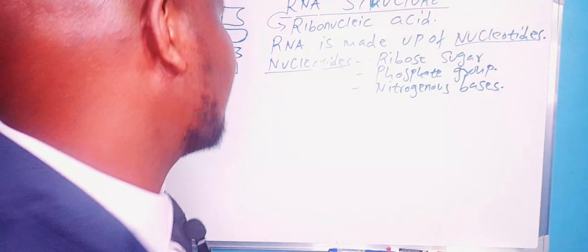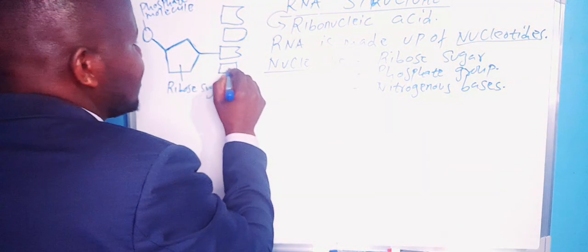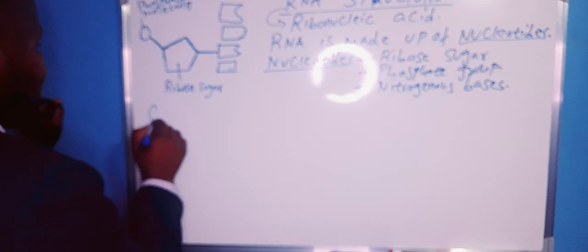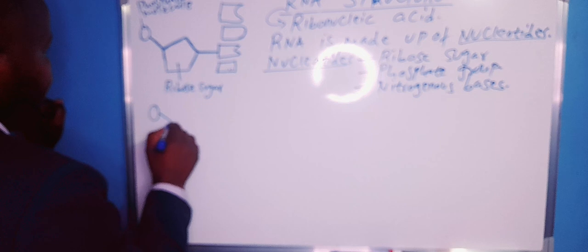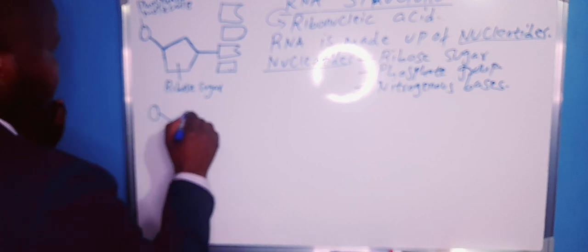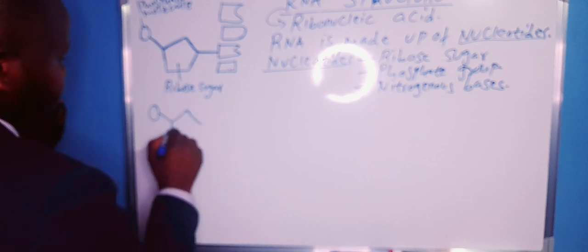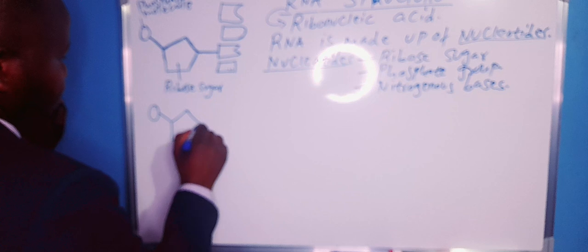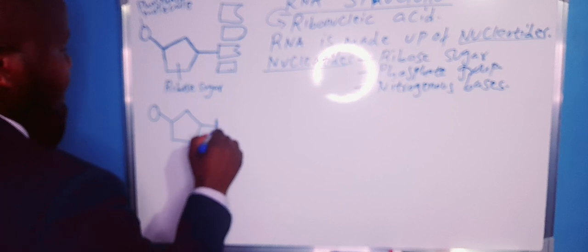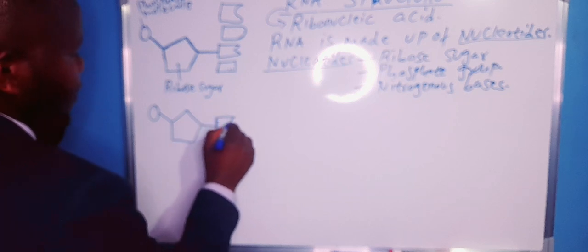We have 4 nitrogenous bases, but they are attached one at a go. That is one, I've attached this one. I can draw another one and attach it to the first one.